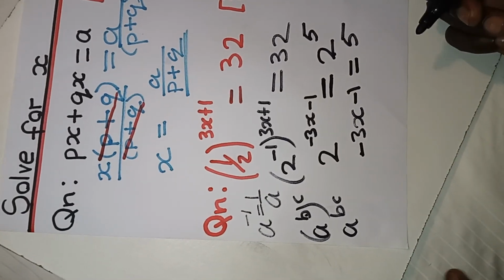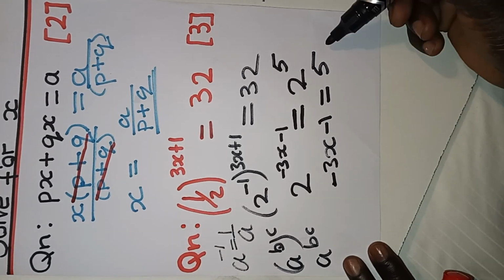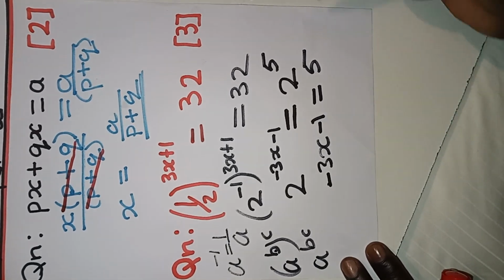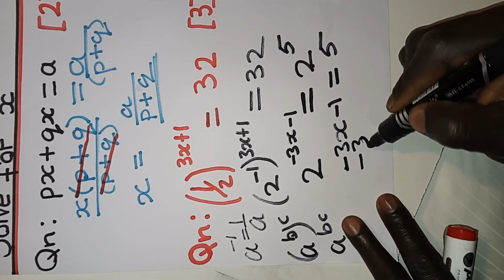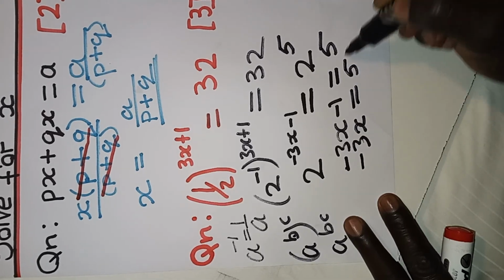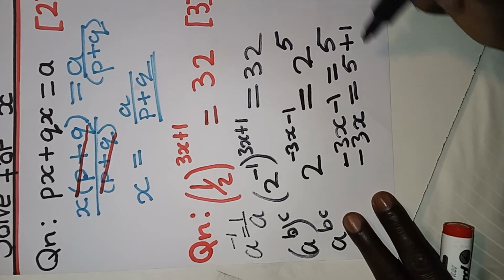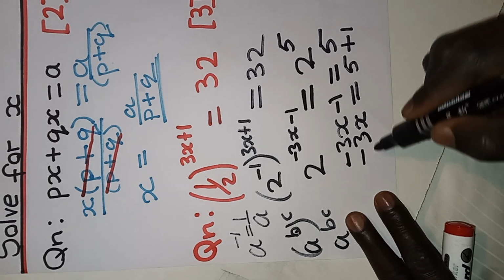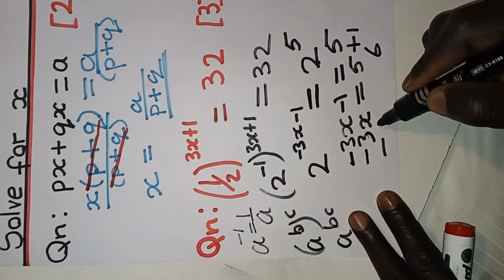Now, using basic algebra, I take this minus 1 to the other side, and it becomes minus 3x is equal to 5 plus 1. Remember, this minus 1, when it reaches the other side, becomes a positive 1. Now this side becomes 6, and this side is minus 3x.